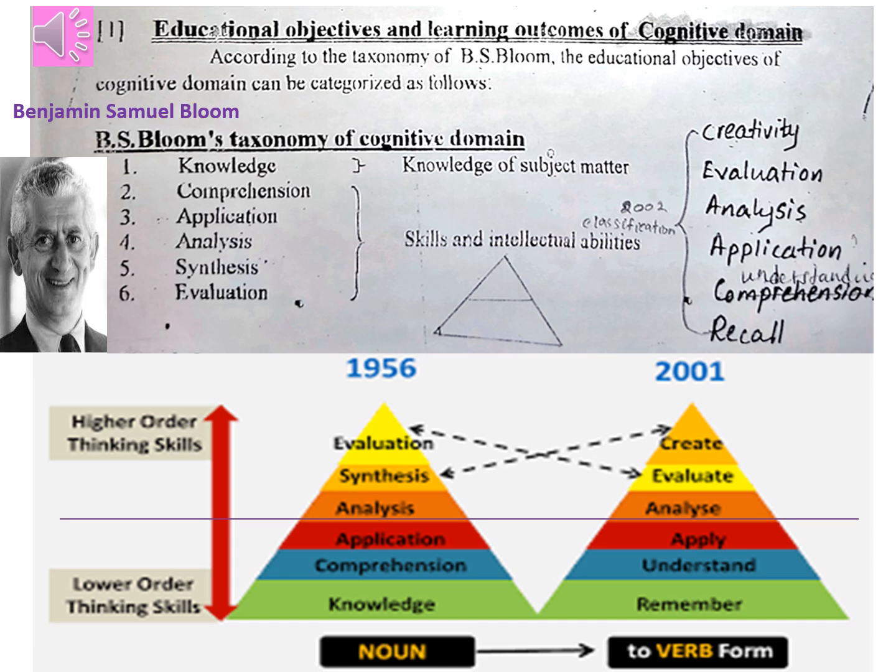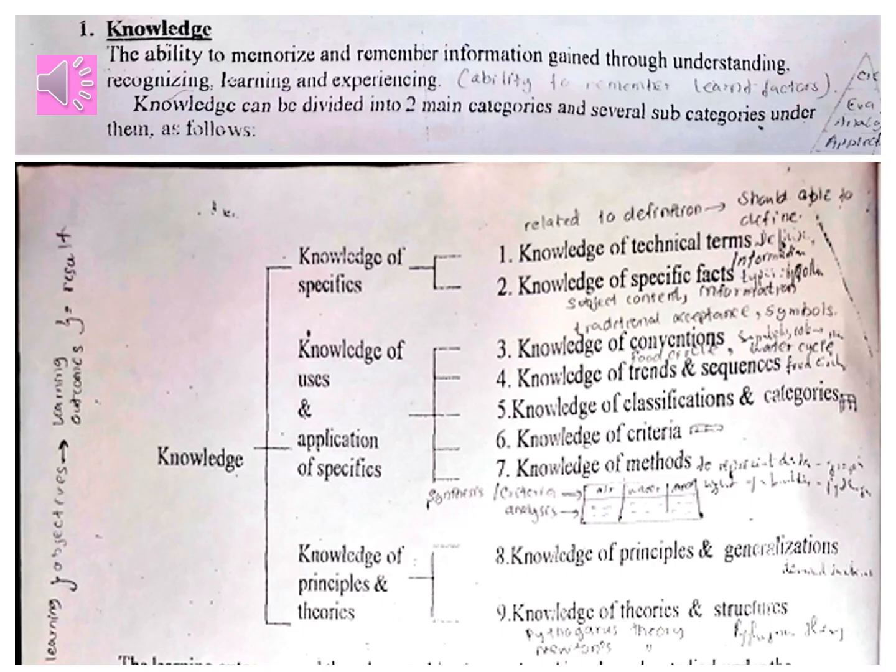All right. That's Bloom's taxonomy. Now we'll go through these steps quickly, one by one. First one, knowledge. That's the base in that hierarchy.